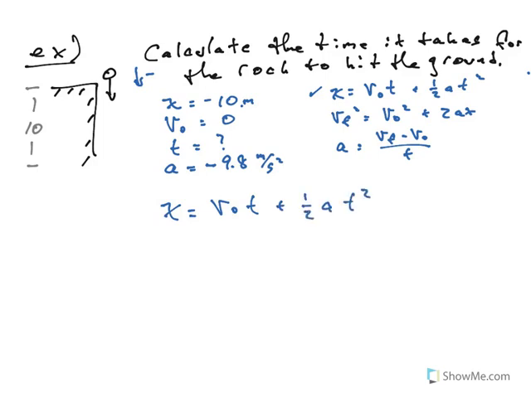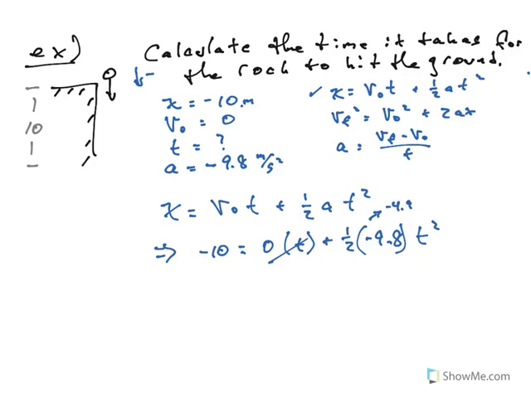All right. Now let's plug our numbers in. x, negative 10, equals v naught 0 times t plus 1/2 a, negative 9.8, times t squared. Of course, 0 times t is just 0. So now I need to solve this for t squared. 1/2 times negative 9.8 is just negative 4.9.